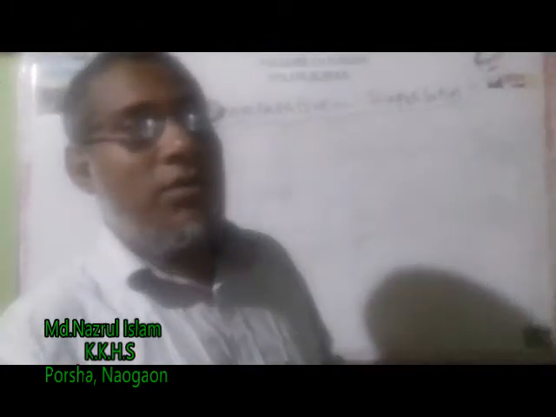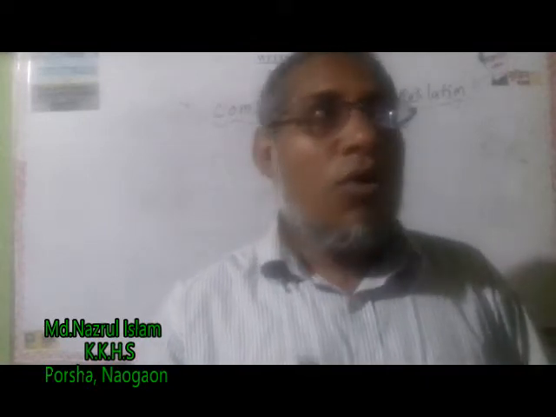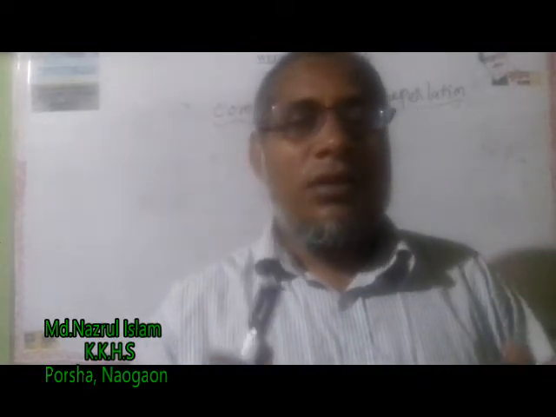My dear students, in the previous class I discussed that superlative sentences are of 2 kinds, isn't it? Number 1 is with only 'the' and number 2 with 'one of the'. And today, comparative sentences are 3 kinds.